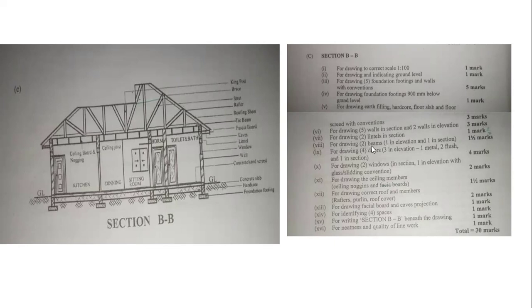And then for drawing 2 beams, 1 in elevation and 1 in section, 1.5 marks. So one in section and one in elevation. The beams that we have here, this is one.